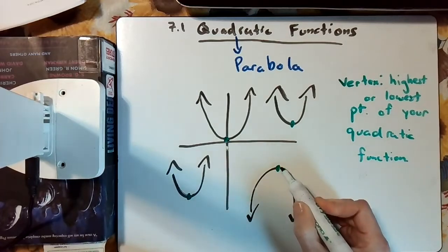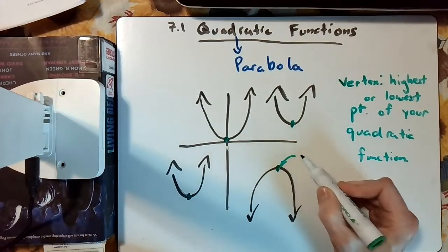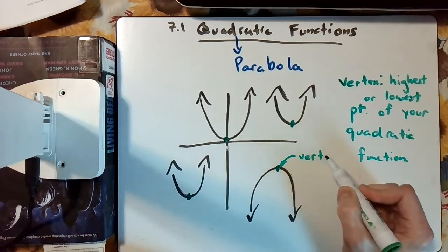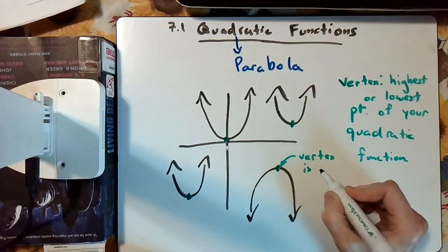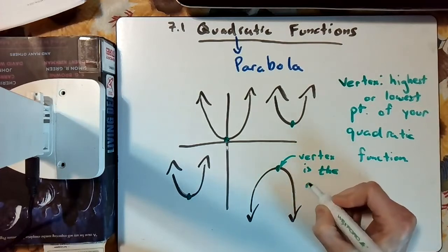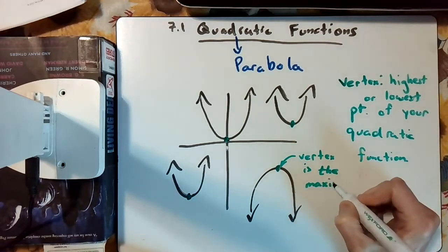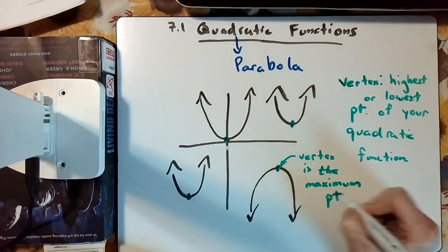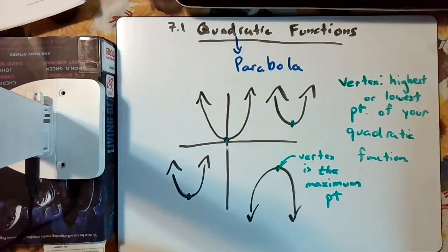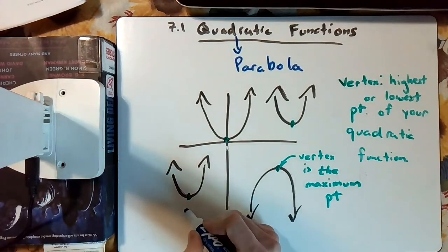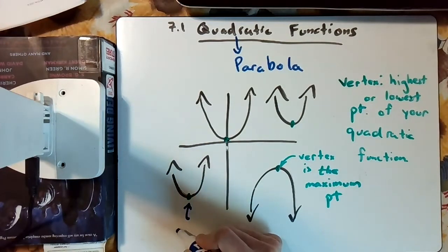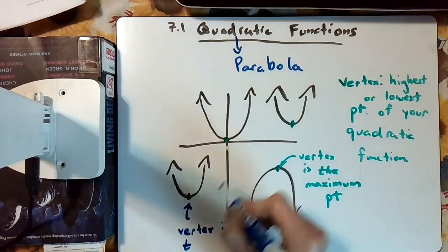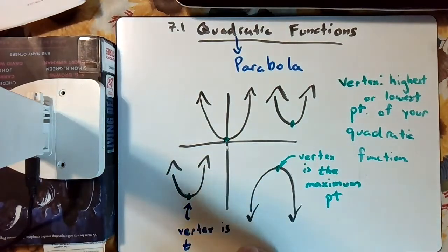So if it was the highest point, like in this case right here, we would say the vertex is the maximum point. Or let's say this case right here, the vertex is the minimum point, right? Because that's the smallest point that our curve gets to. So the vertex is the minimum.